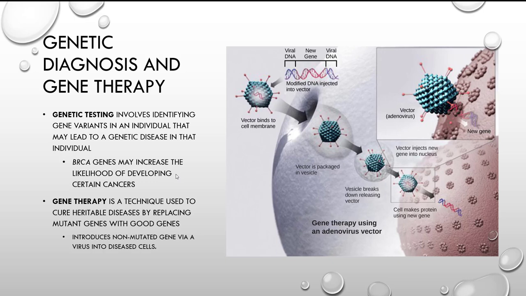Okay, so you can see in this diagram, this is directly out of your textbook. What we do is we introduce the non-mutated gene into a virus. In this case, it's basically an adenovirus. We remove the DNA or RNA from the virus, and we replace it with a non-mutated gene.